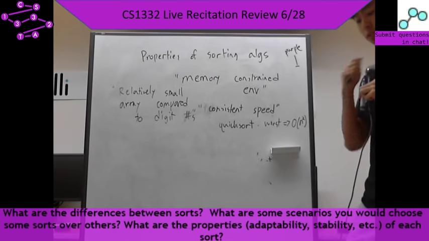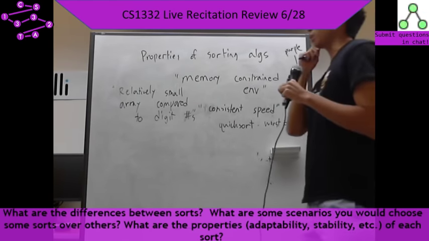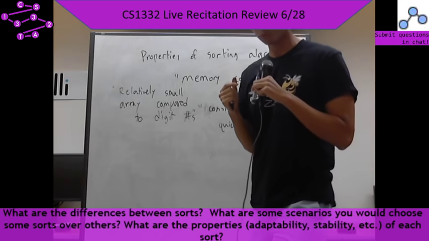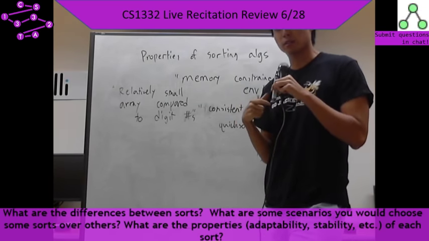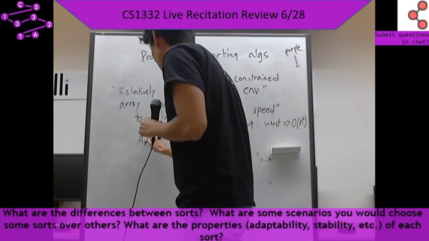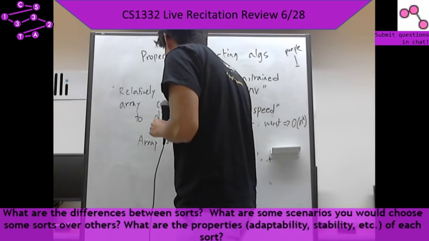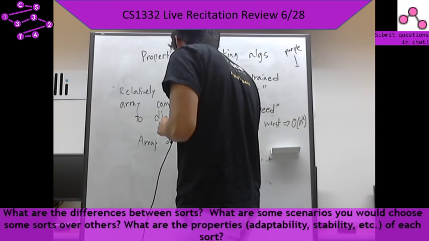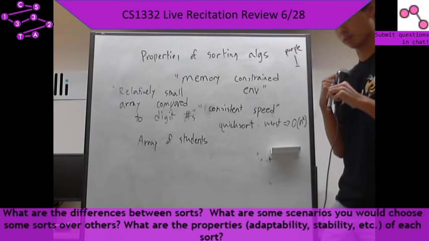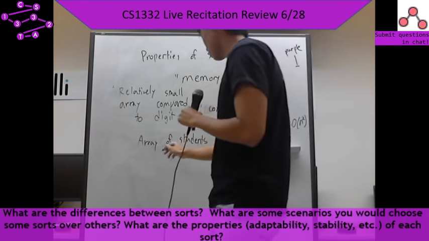As for stability, so imagine the school has an array of students that are already sorted by names, last names.